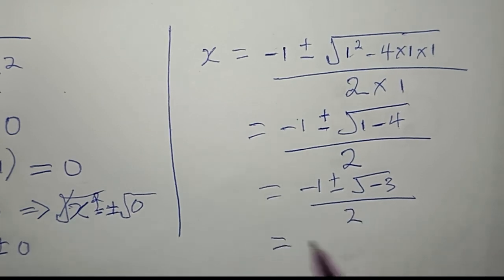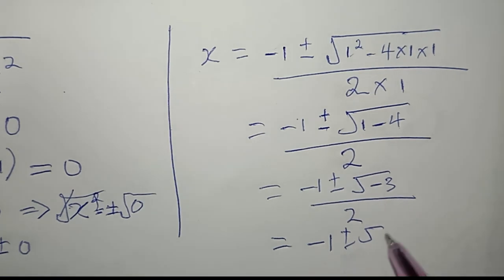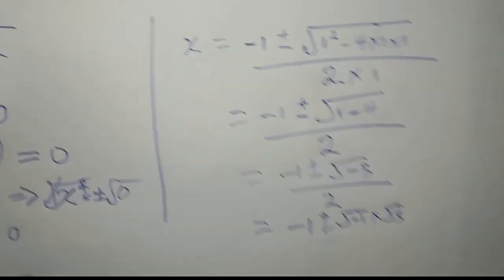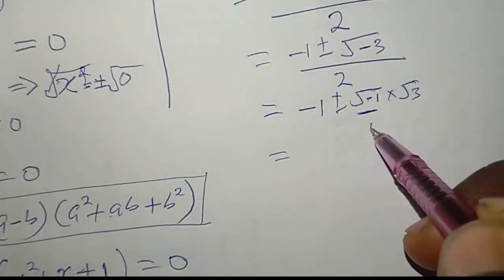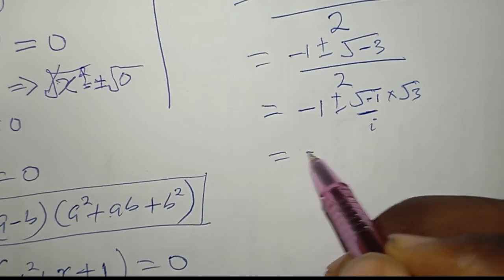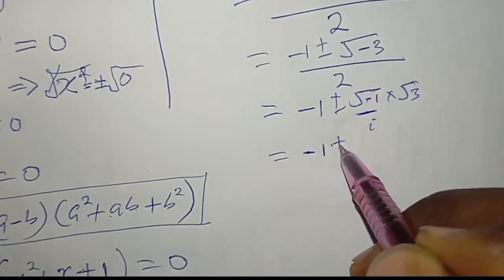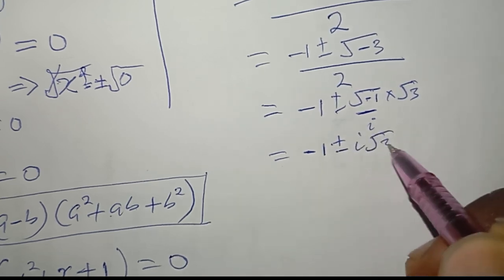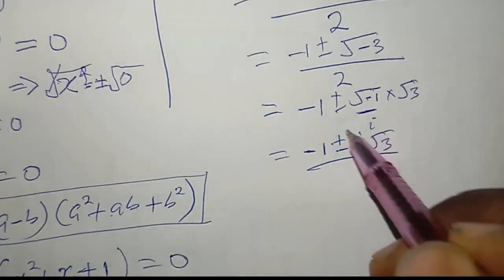Of course we can actually write this as minus 1 plus or minus, we can split these as root minus 1, multiplied by root 3. Okay, and of course root minus 1 here is i. So I now have that this is minus 1 plus or minus i root 3, divided by 2.